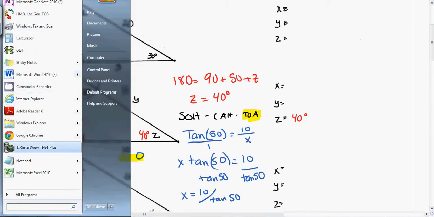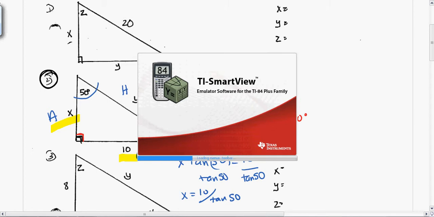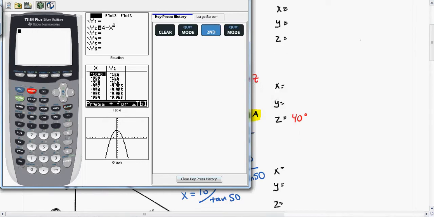All right, let's get my calculator out here. If you're using a grapher, make sure you're putting it into degree mode. We're not using radians. And if you're using your table of values, just read down the tangent column and you'll find out what the tangent of 50 degrees is. So I am in degree mode.